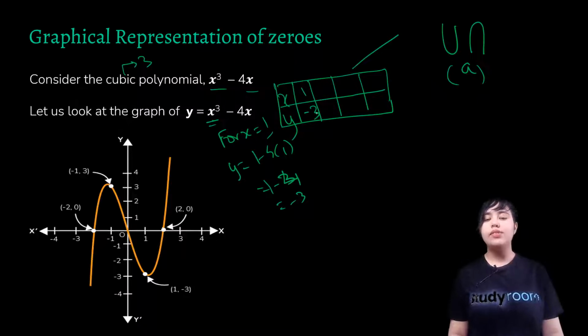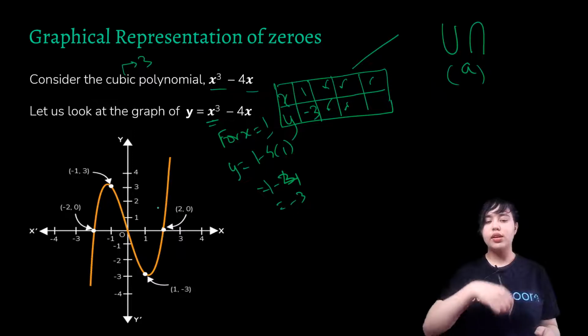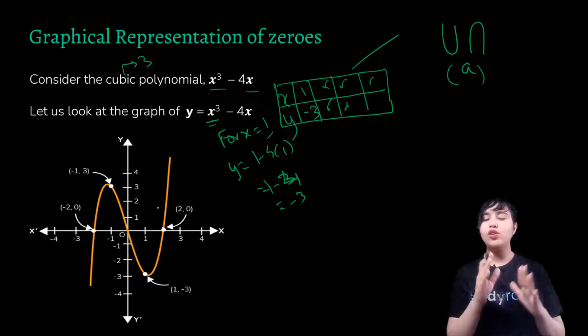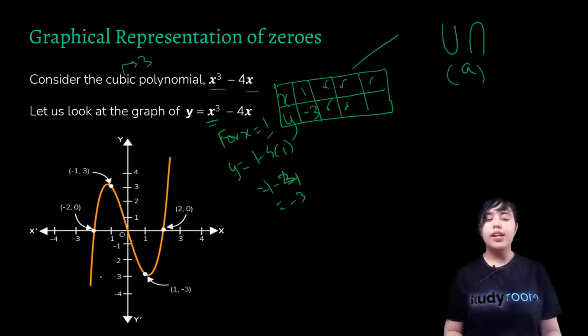Similarly, if you keep on plotting these points, whichever you get by filling in these boxes, you join them using a pencil, and you have to do that freehand. So you will get a shape like this. You get the shape by joining the points only, and these points can be obtained by taking some values of x and finding the values of y.